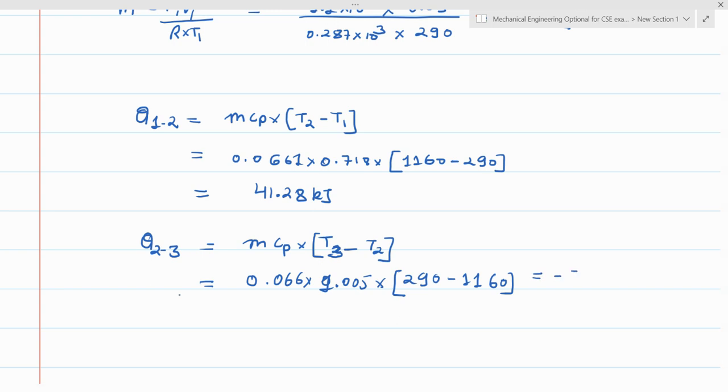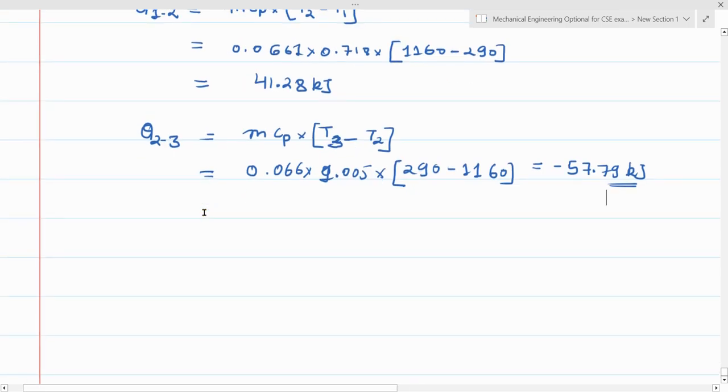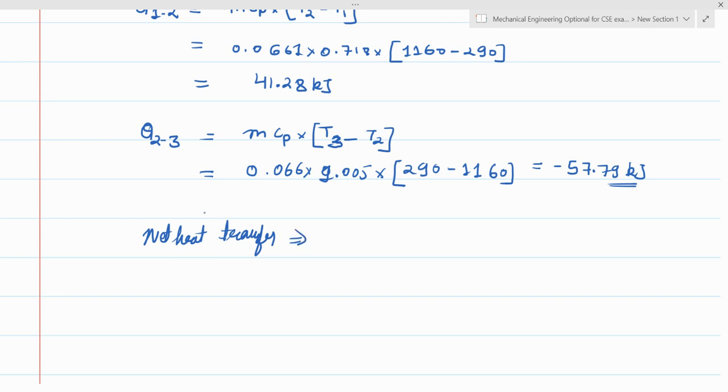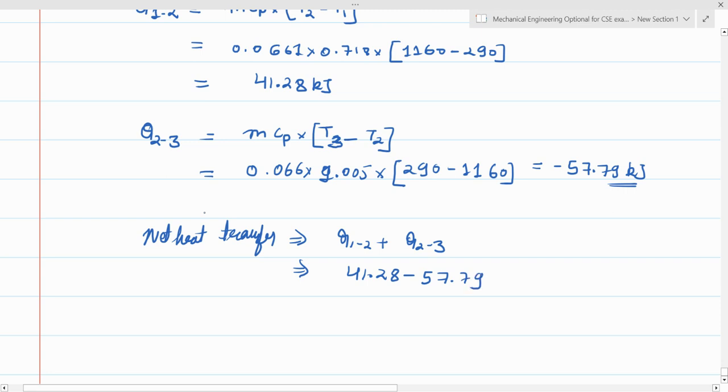This comes out to be minus 57.79 kilojoules. Now we have calculated the values of Q12 and Q23. The net heat transfer is the summation of these, Q12 plus Q23. This comes out to be 41.28 minus 57.79, which is equal to minus 16.51 kilojoules.